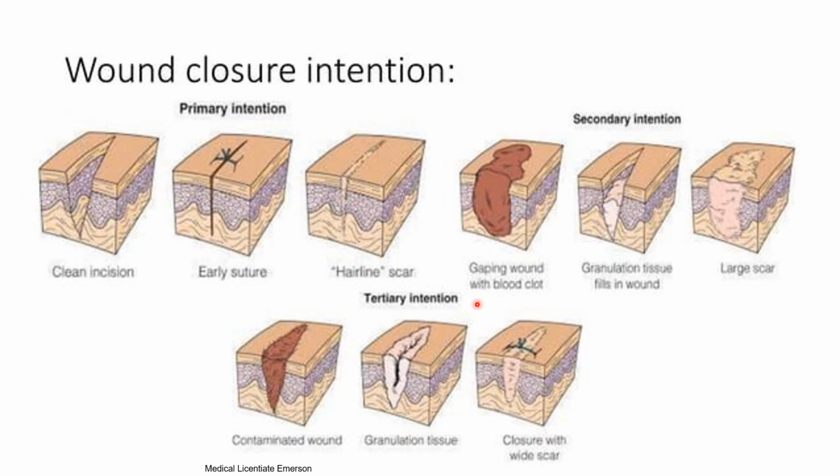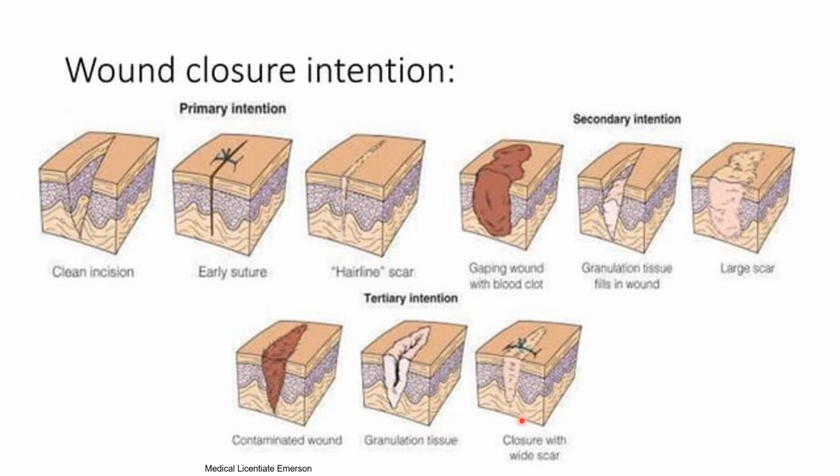Okay, then you have tertiary intention, which is delayed wound healing, or delayed wound closure. After you delay, then you suture it. So if it is a contaminated wound, you do wound cleaning, then it starts forming granulation tissue.